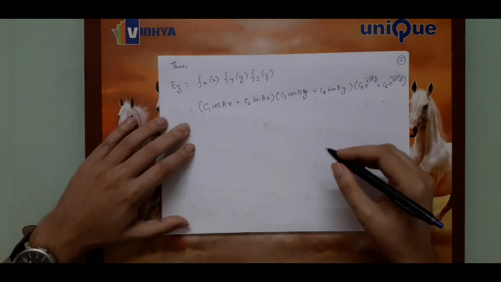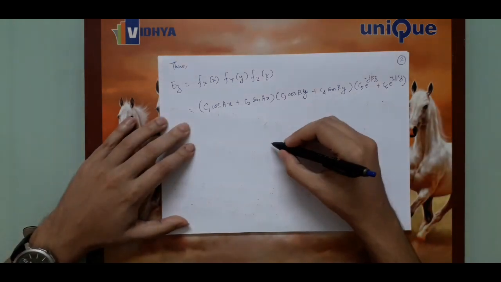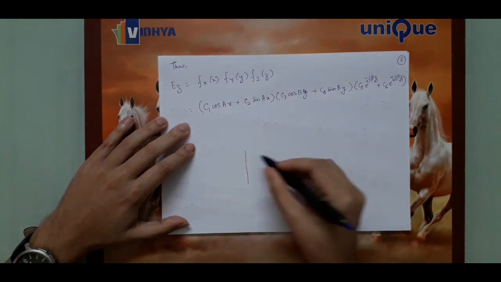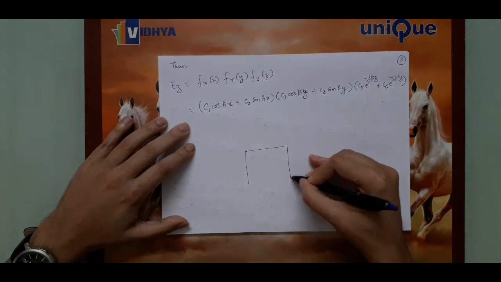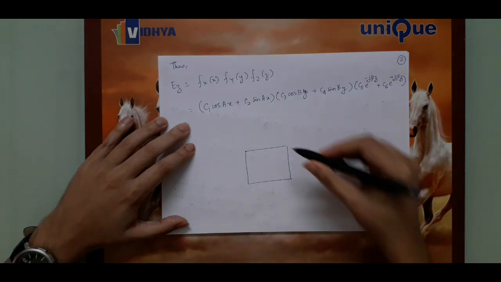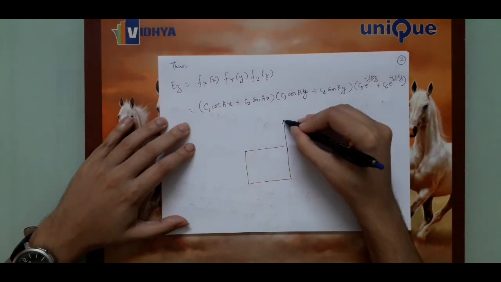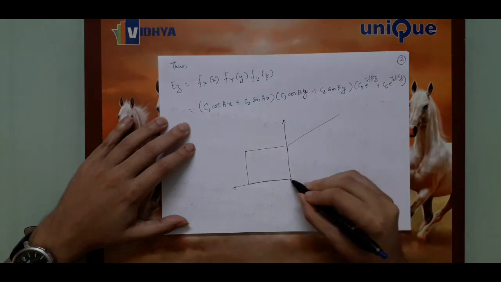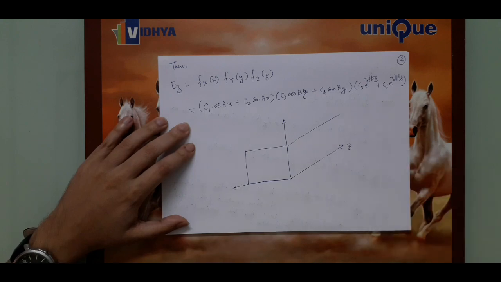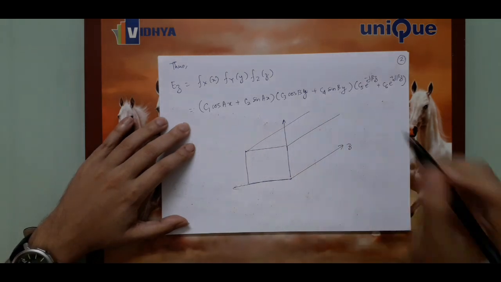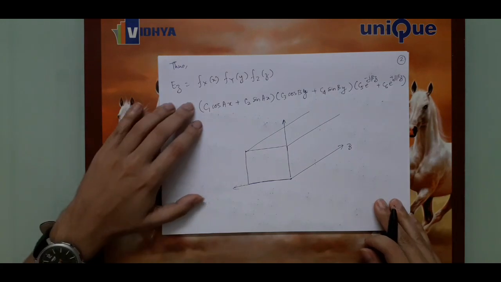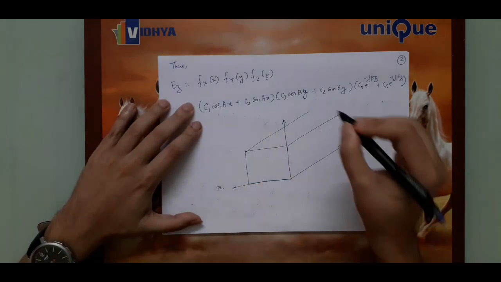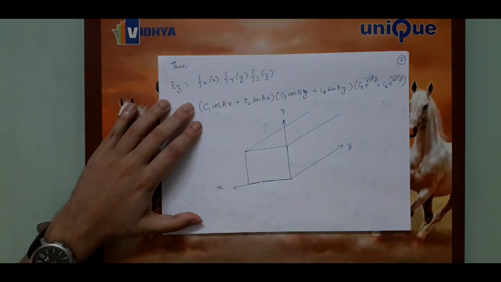Now let us not forget what the bigger picture is. We had said that let us try to define or solve for the fields which are inside a rectangular waveguide. Let the z direction be this, along which the wave is guided. Remember, this rectangular waveguide is now a one conductor system. This is the x-axis, this is the y-axis.